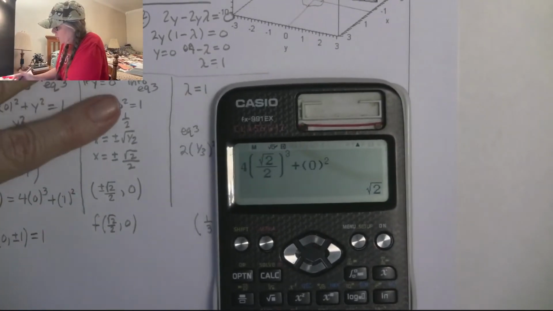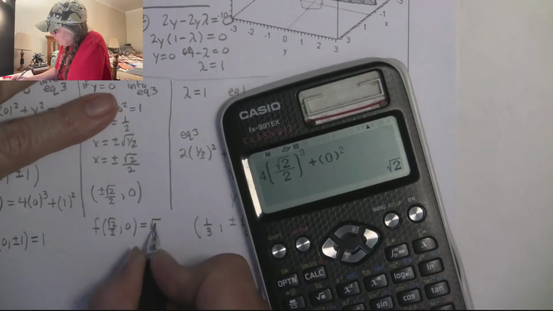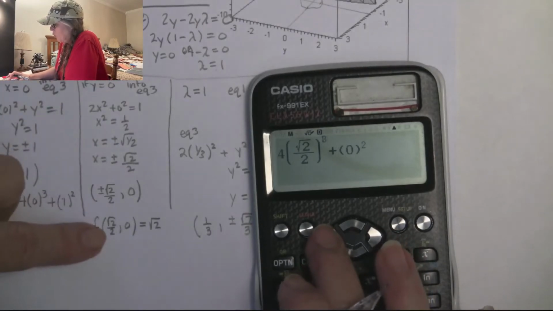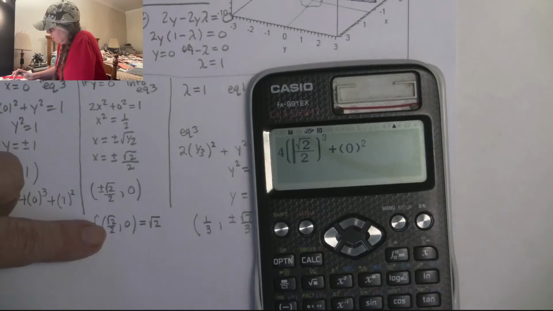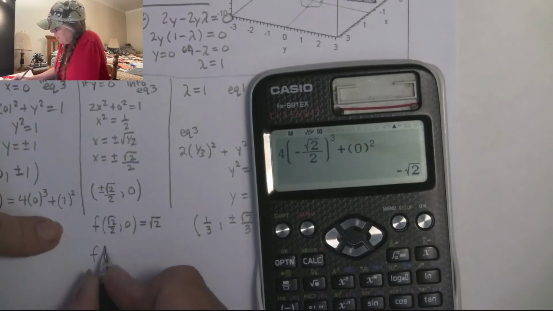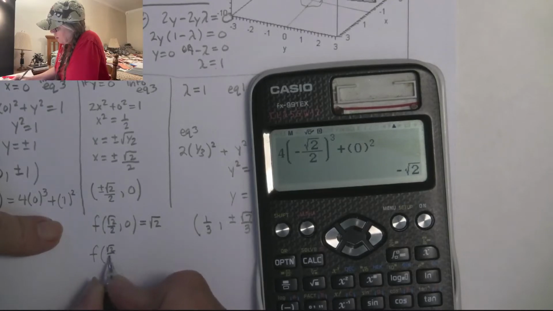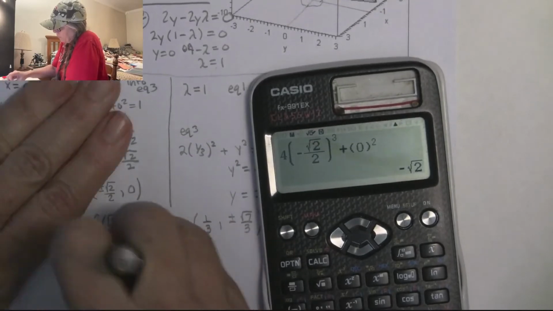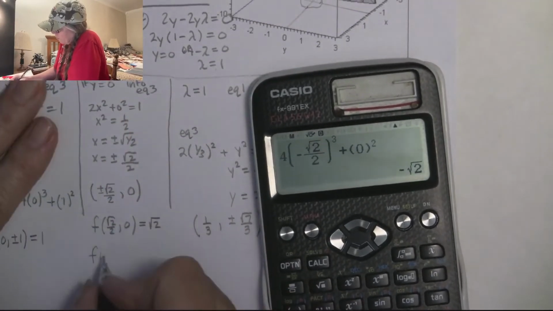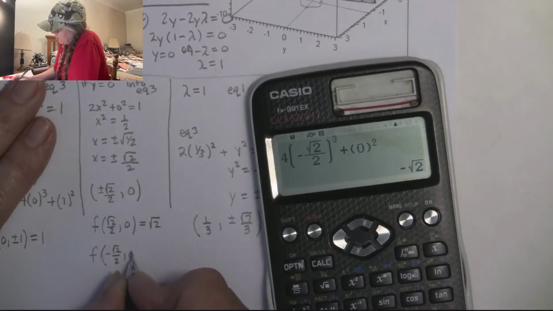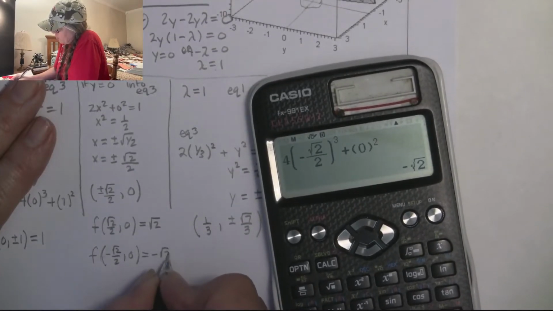That's the square root of 2. And I'm just going to come in here and edit because I wanted it to be negative as well. And I bet you already know. I hope you're shouting at your screen what it's going to be before I even figure it. So the negative, comma 0, is negative square root of 2, right?